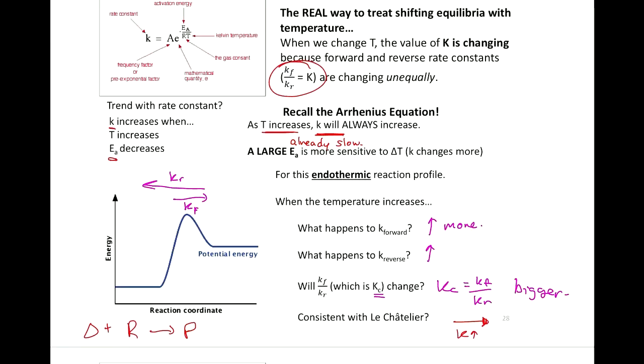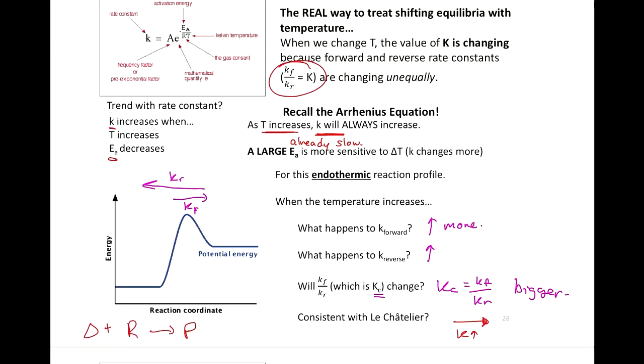So here, what we're learning is that the equilibrium constant is sensitive to temperature, not because triangle is a product or reactant, but because the value of the equilibrium constant is changing, since the values of the rate constants are changing unequally. And in this case, it's an endothermic reaction.